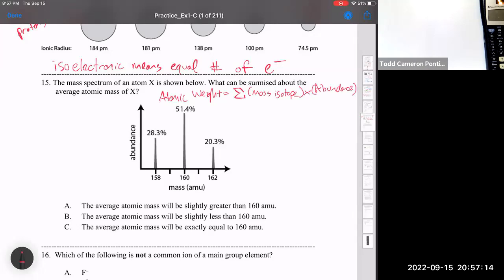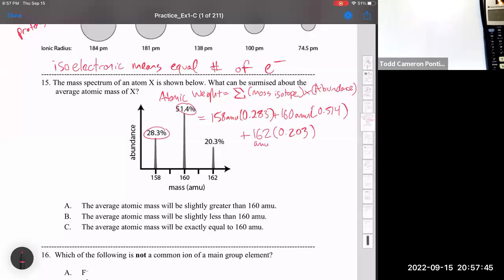And in this case, it would be equal to 158 AMU times 0.283 for this one, plus 160 AMU times 0.514 for this one, plus 162 AMU times 0.203.